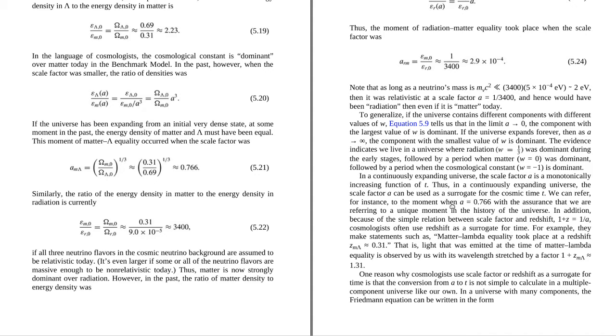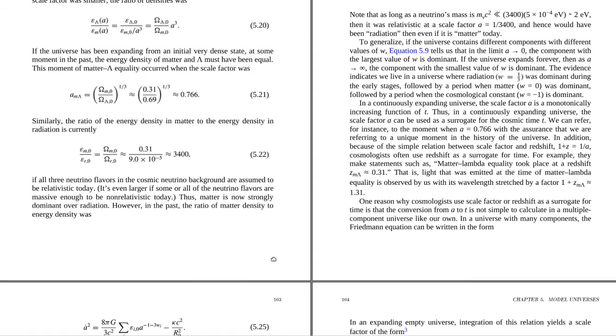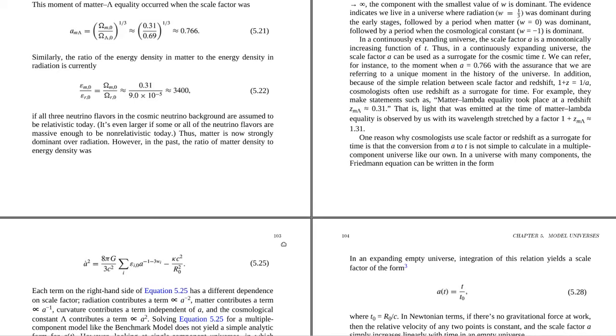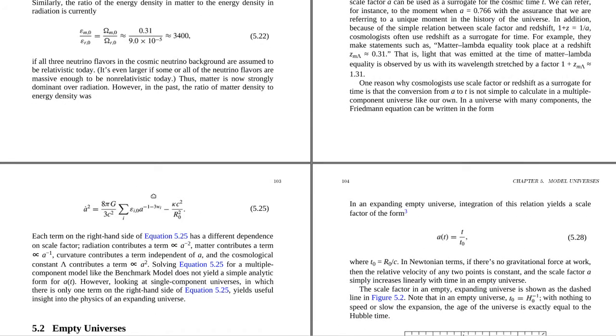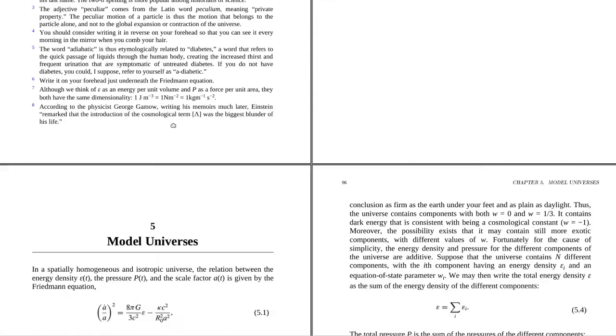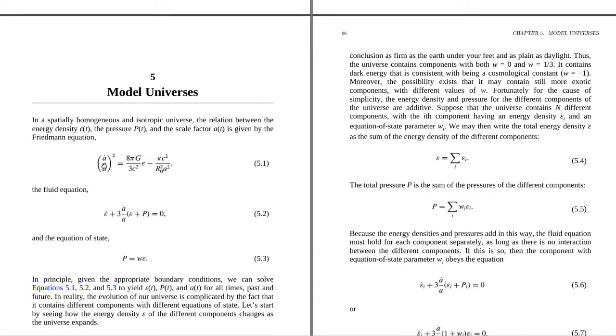However, it's not going to be easy to change this into some definite time, like in terms of years, and that's because to do that, you actually need to write down the Friedmann equation in this form. So this is just the Friedmann equation itself. You take your original equation, so let's go there. You take this, you expand this square, and then you multiply everything by a square. So on the left-hand side, you kill the 1 over a square term.